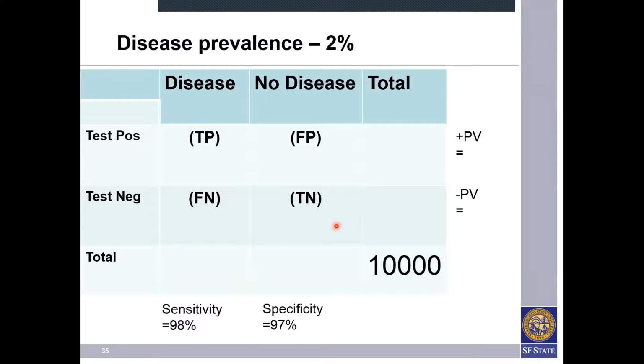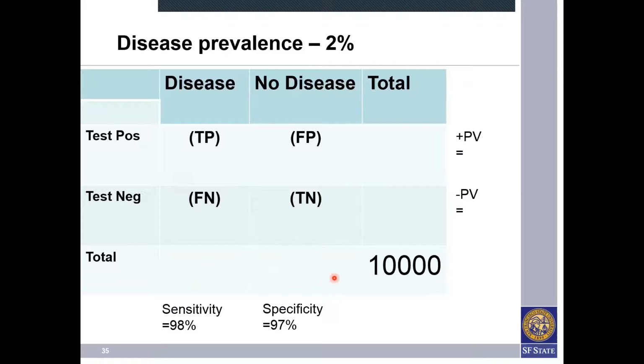So I survey 10,000 people, 98% sensitivity, 97% specificity. Let's fill in our table here. 2% disease prevalence. How many sick people am I going to have?